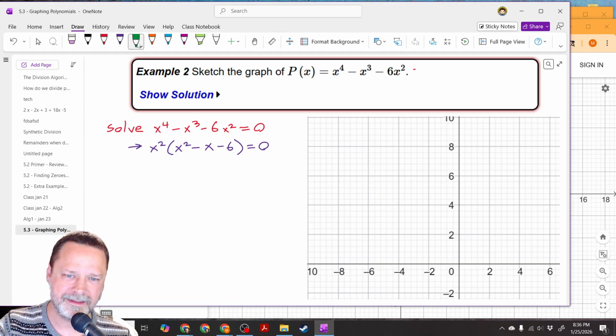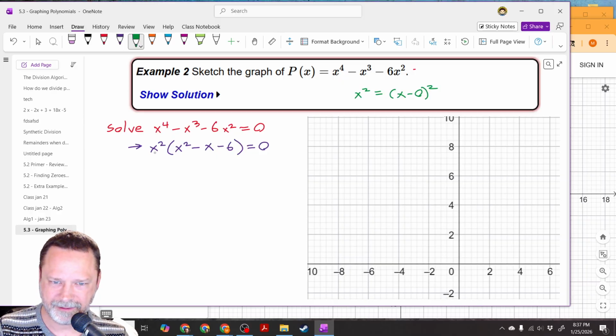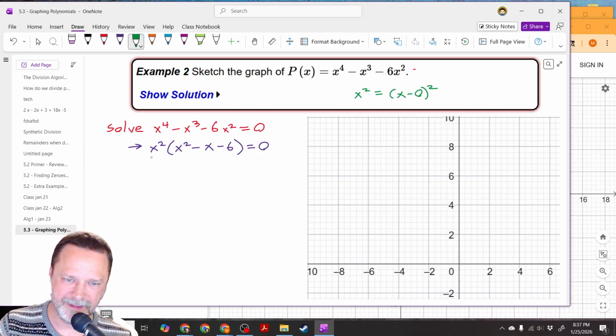That's awesome. Okay, so that's a factor. That's easy, and if it really helps you, you can imagine x squared as the same thing as x minus 0 squared, if it helps. But we know we have a root at 0, multiplicity 2 with that one.